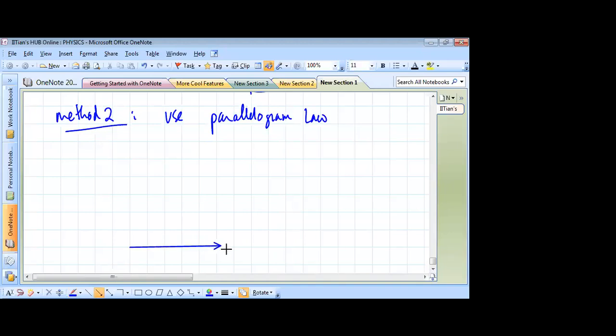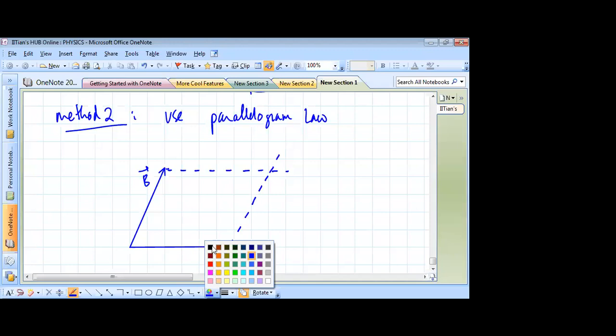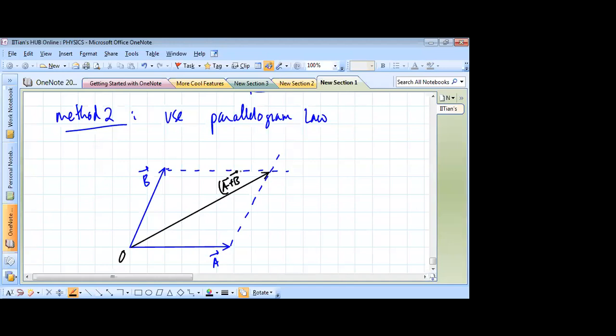So we can see that if A and B are like this, drawn from a common origin, so if we draw a parallelogram like this, then this primary diagonal of the parallelogram drawn from the common origin to the opposite side is the resultant sum, whereas the secondary diagonal, yes, we have done this in the last class, this represents the difference.